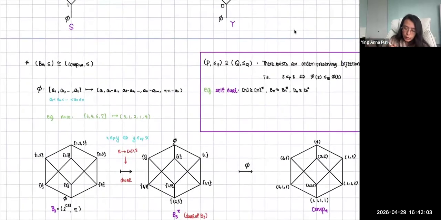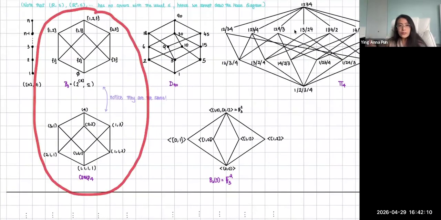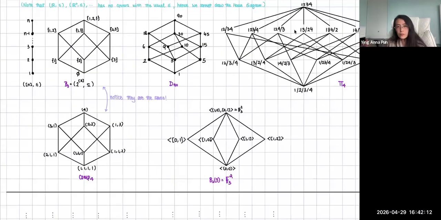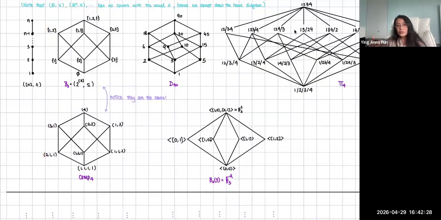Okay, so remember when we looked at these examples, we said that, hey, these 2 guys, the Hasse diagrams are exactly the same. So basically they are the same thing if I rename the vertices, right? So if we want to say 2 posets are the same, one of the ways to say that is if you can draw the Hasse diagram and they are exactly the same, then you just say that they are the same thing.